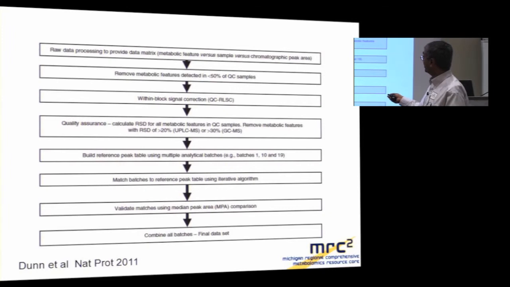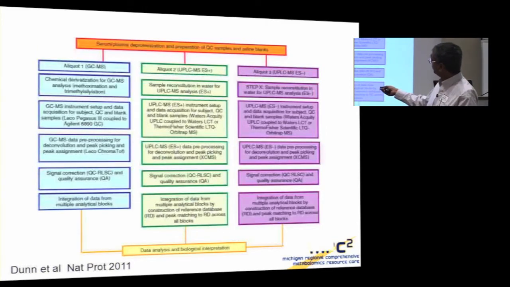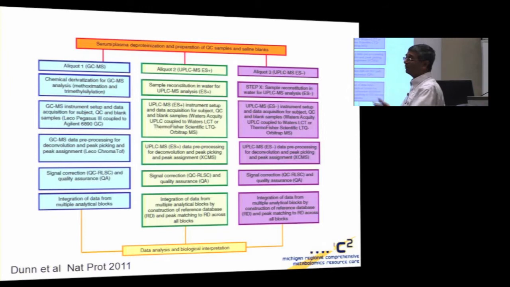And then this is the signal correction, essentially correcting for your pool. And then you have some QA, QC data about how much standard deviation we accept as acceptable. And then you build your reference peaks, and then we come up with the final data set for further processing and analysis. You could do this for GCMS, positive electrospray and negative electrospray, and combine all your data to come up with your final data analysis. And this is just for serum or protein.